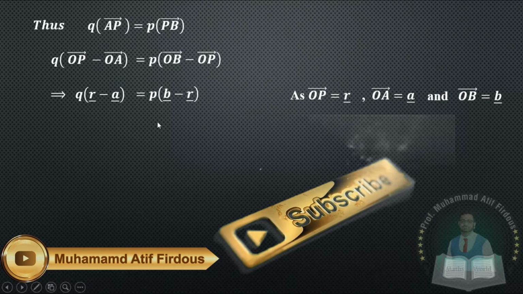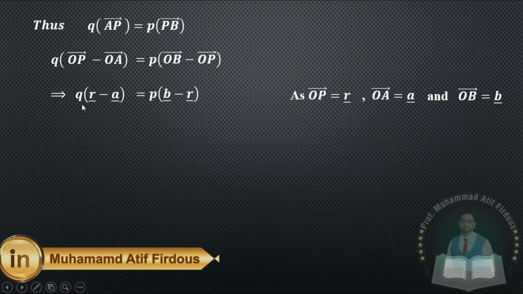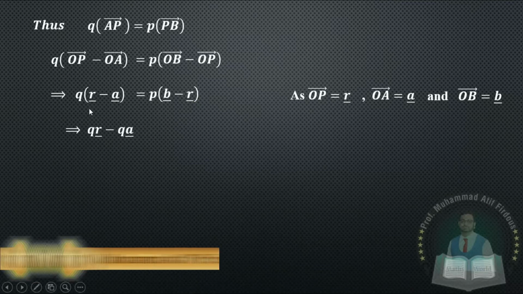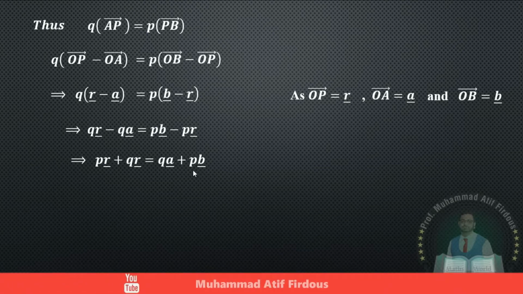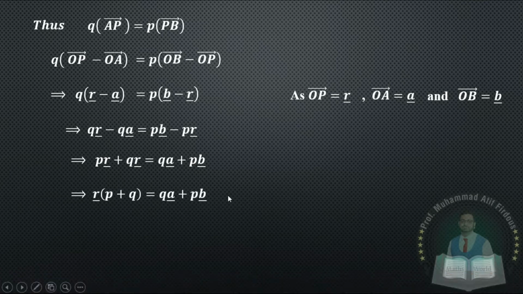So students, just simplify this. Just multiply q with r minus a and p with vector b minus r. We have qr minus qa equals pb minus pr. So just shuffle: the negative pr becomes plus pr on the right hand side, and this qa becomes plus qa on the right hand side. Taking r common from the left hand side, we have r into (p + q) is equal to this.